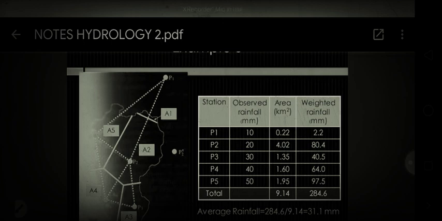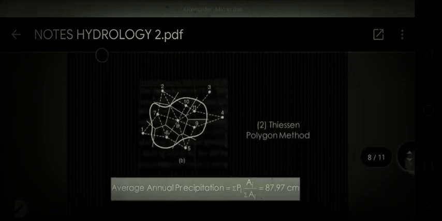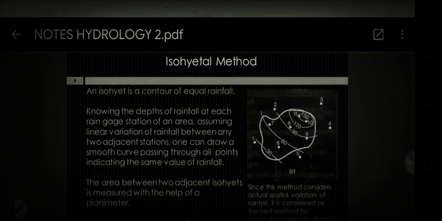The weightage factor for the replaced rain gauge station will be different, so the whole computation will be affected. The arithmetic mean method also has some limitations. To overcome this, the superior method we apply is the isohyetal method.